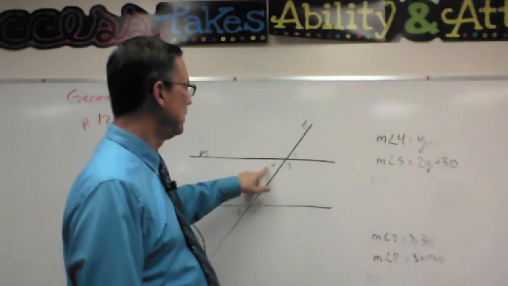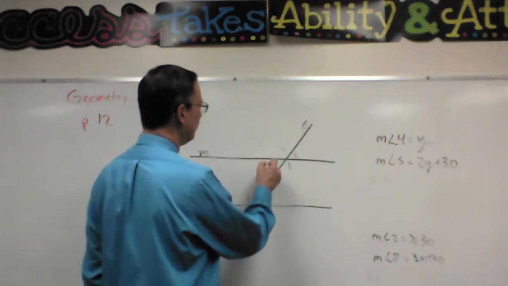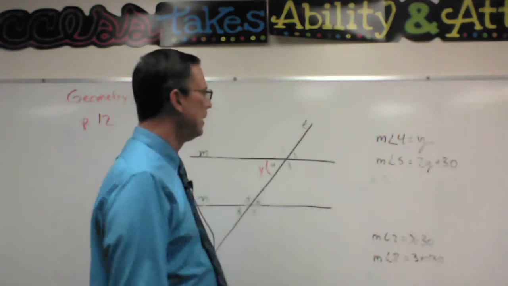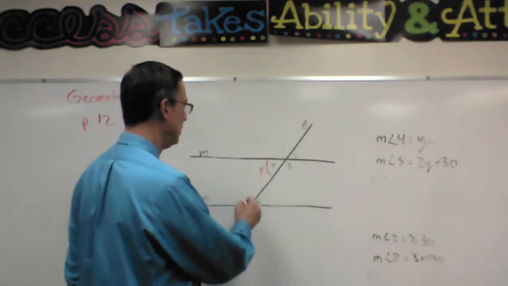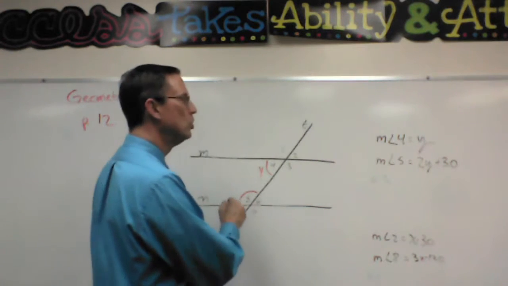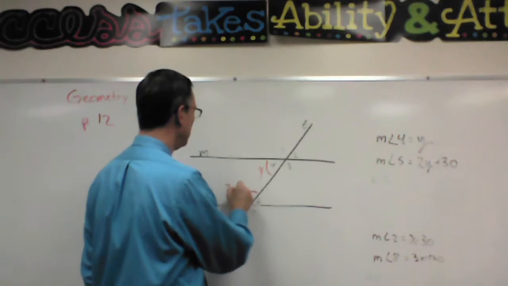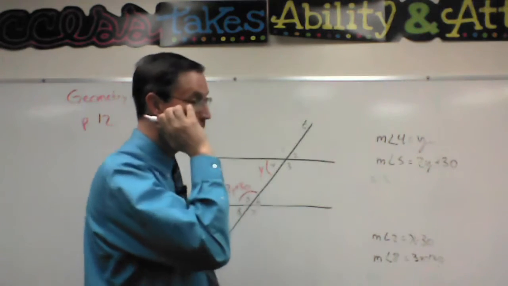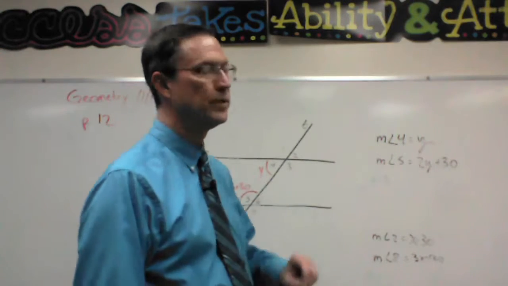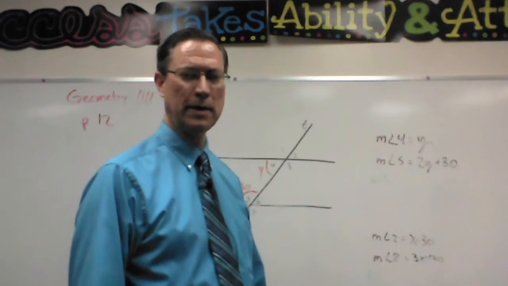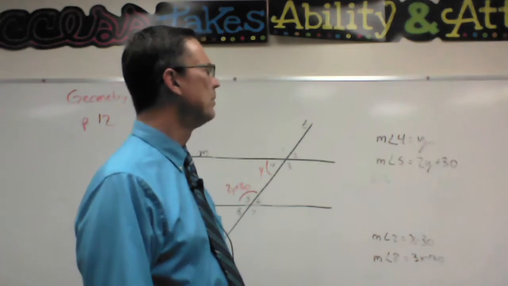Y is the measure of angle 4. Then they say the measure of angle 5 right here is 2y plus 30. Now they want us to solve to find the value of y. You say, but they don't give me enough numbers. Actually, they do.